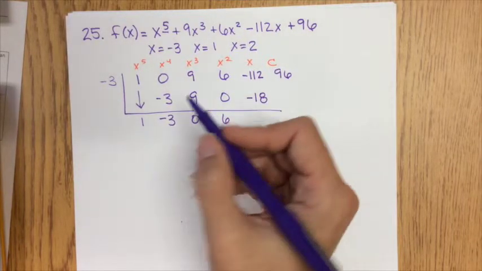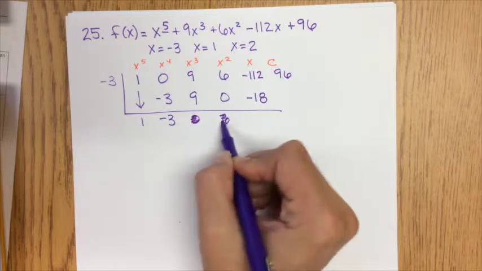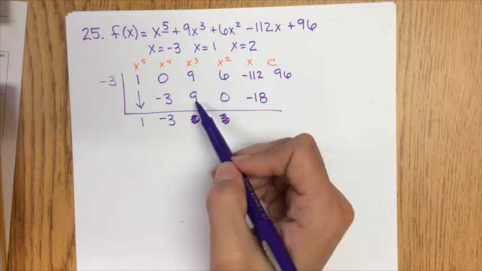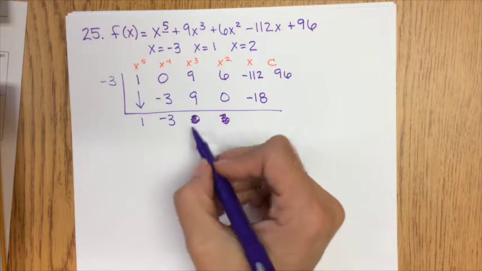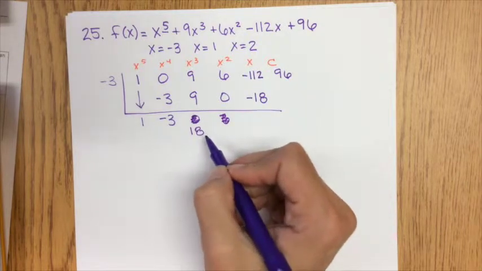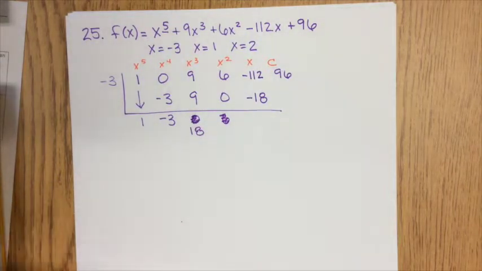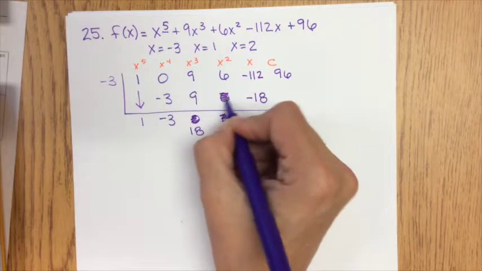Okay, I figured it out. Sorry, guys. 9 plus 9 is not 0. It's 18. 18 times -3 is, I don't know, calculator time. -54.